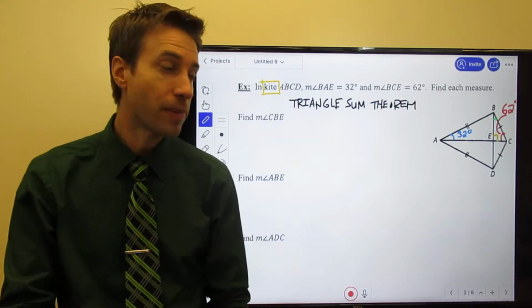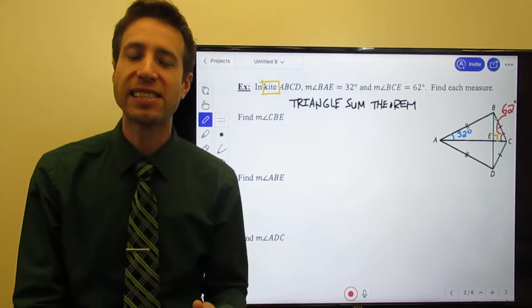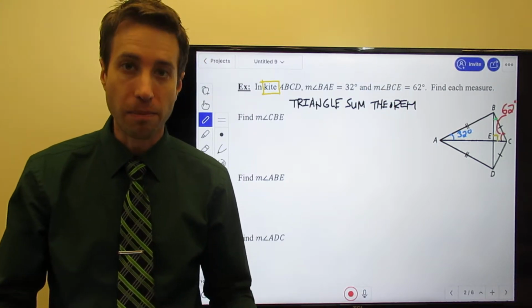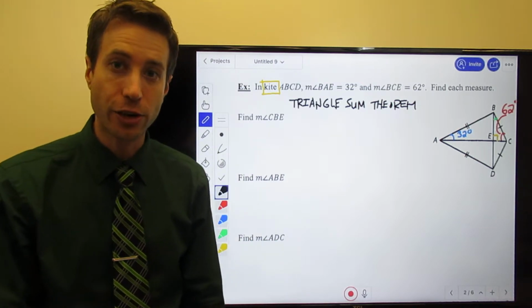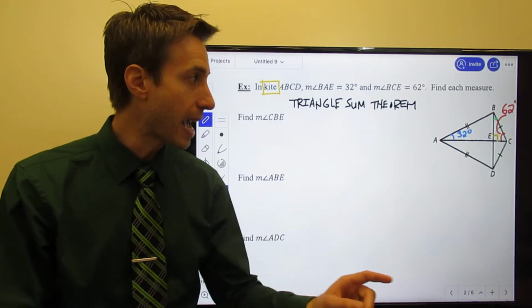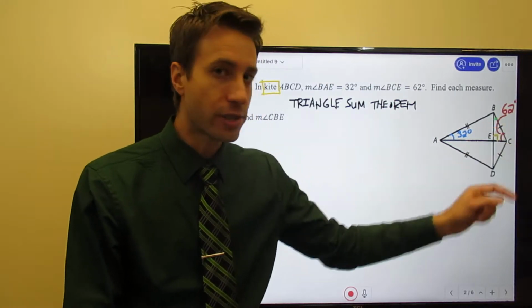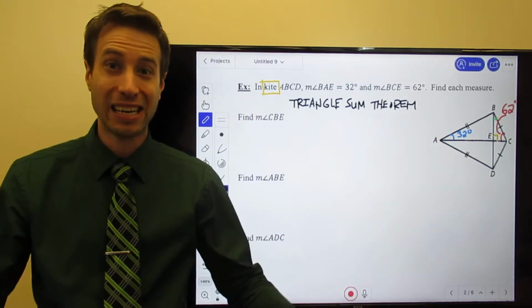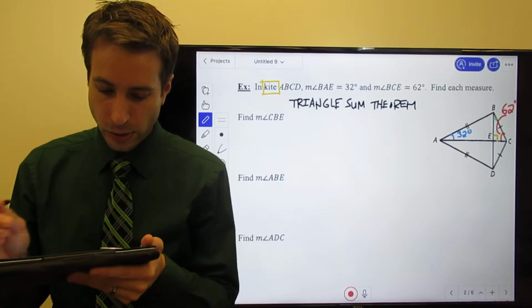Do you remember this theorem? The triangle sum theorem simply says the internal angles of a triangle must sum to 180 degrees. I already know 2 of the angles. One is 90, the other is 62. So how do I find the third angle? Yeah, subtract it from 180. So here we go.